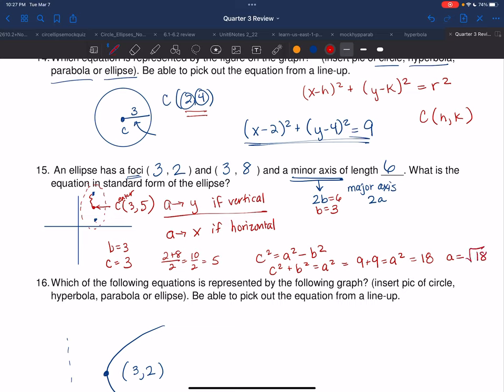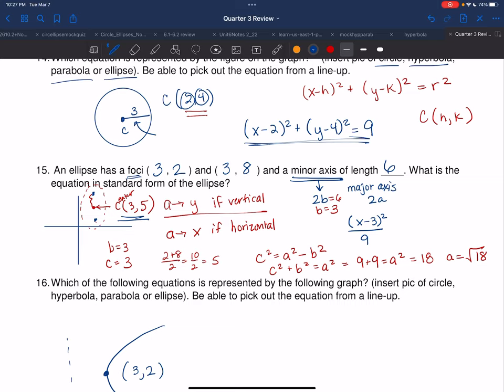Okay? We aren't graphing it. It just wants the standard equation. So I'm just going to go ahead and leave that information there. Because it's vertical, remember I always start out with my x, it's just easier, and I use that center information. So (x minus 3) squared over my b squared, so that would be 9, because my x value is the minor axis, or my co-vertices.